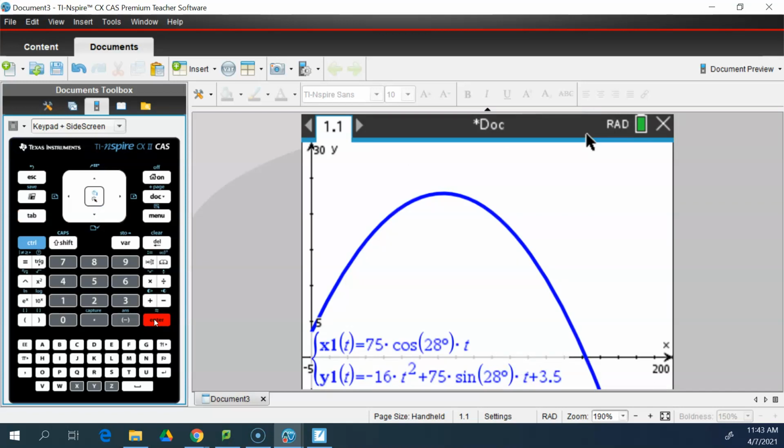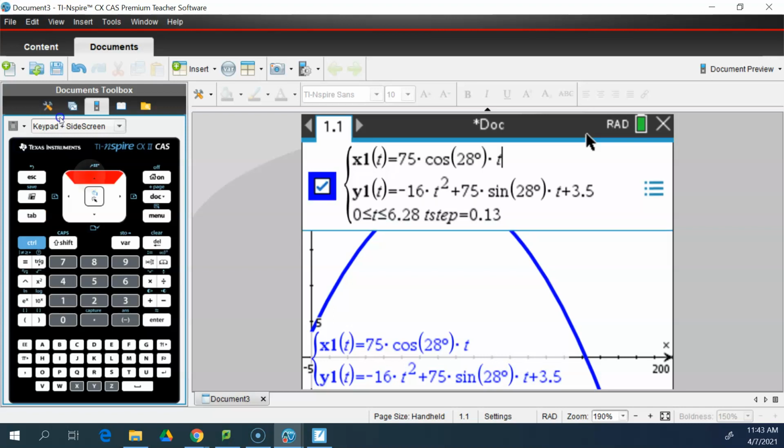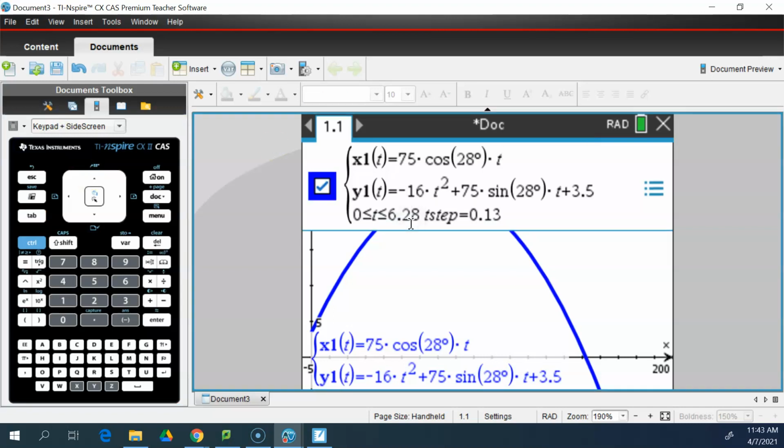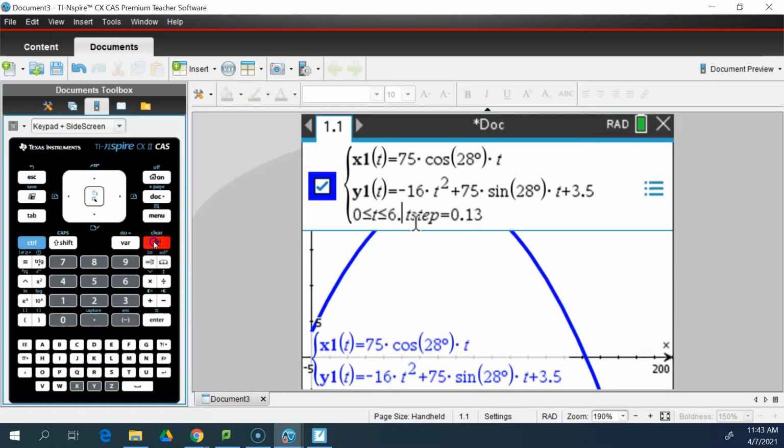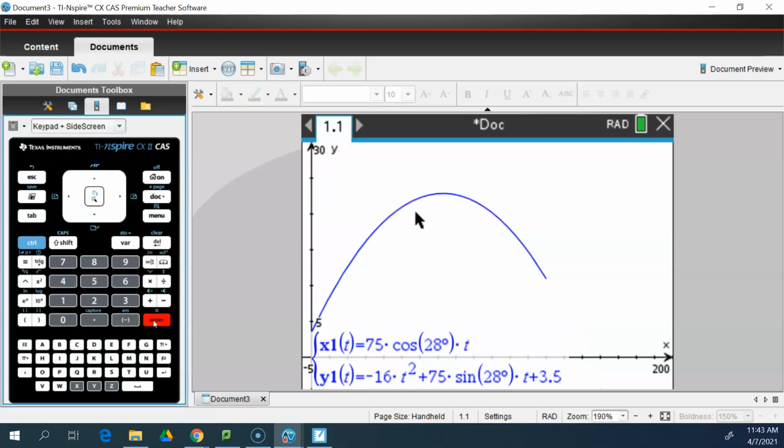Now, your first question, Emmy, was, what do we put our t values to be, right? If you don't see this curve hit the ground, you didn't go far enough. So if you only see this, that ball never hit the ground.